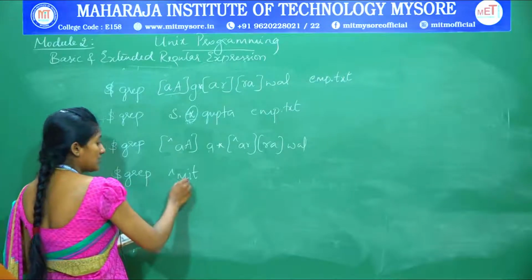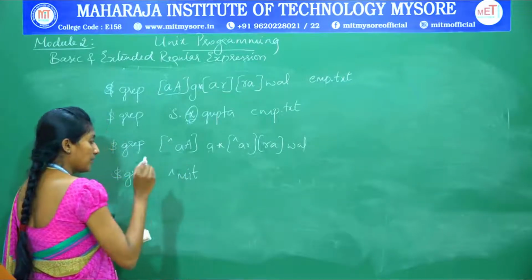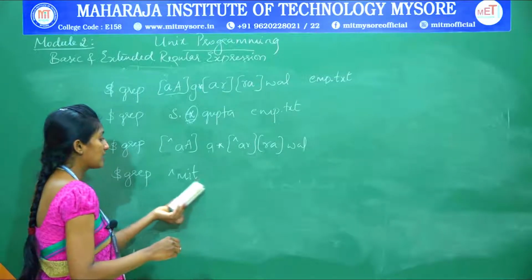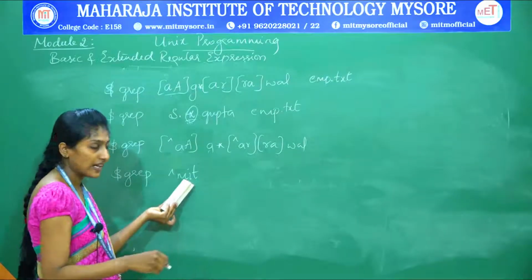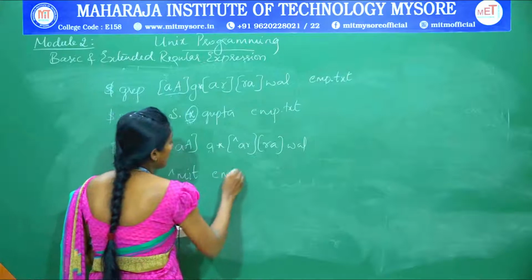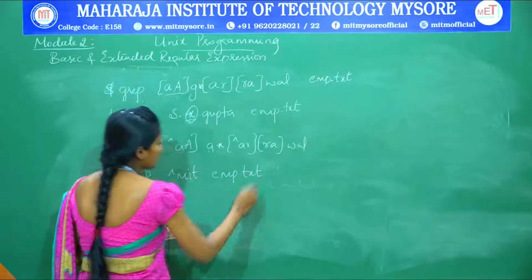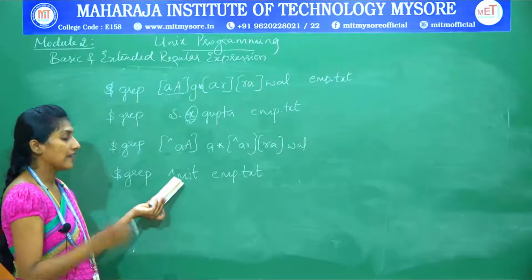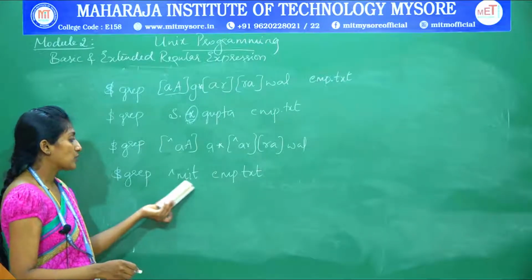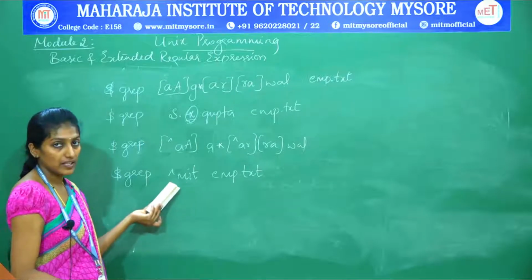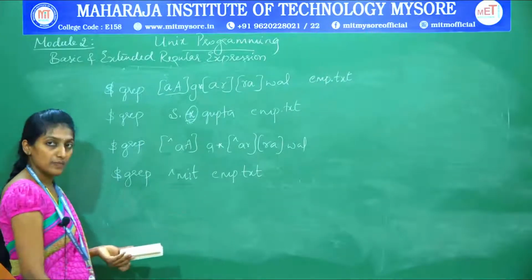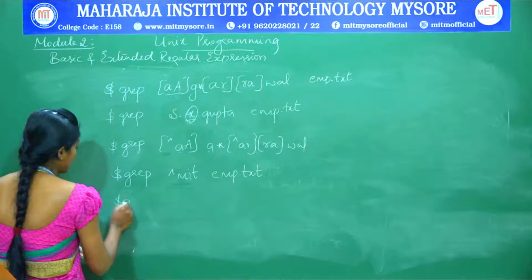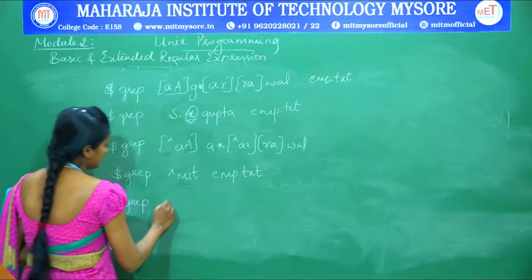So grep starting character in the file, if any starting character in any of the lines from the emp.txt file. So from the emp.txt file in any of the lines, if any pattern is matched with starting letters MIT, those lines will get displayed. Likewise ending character.